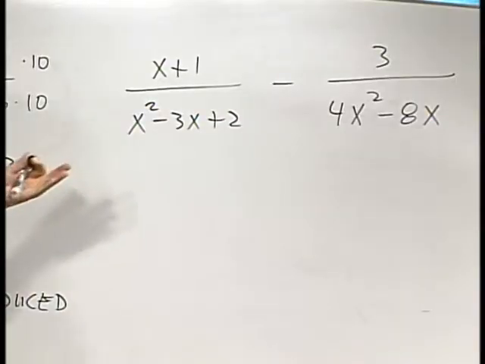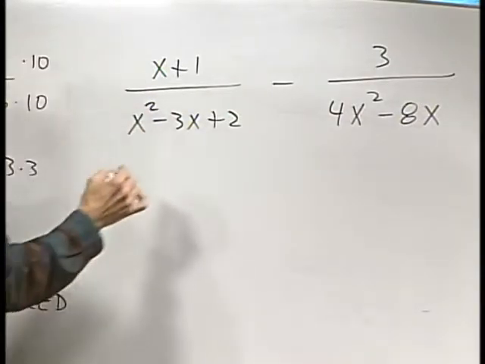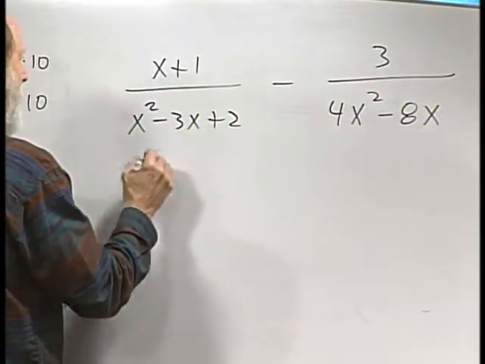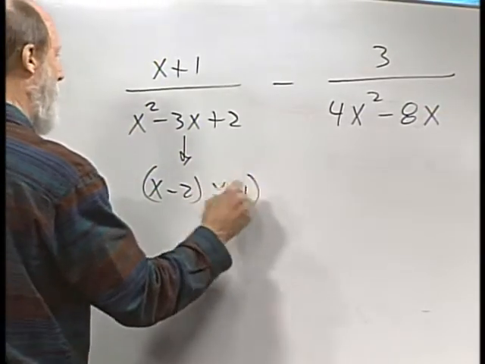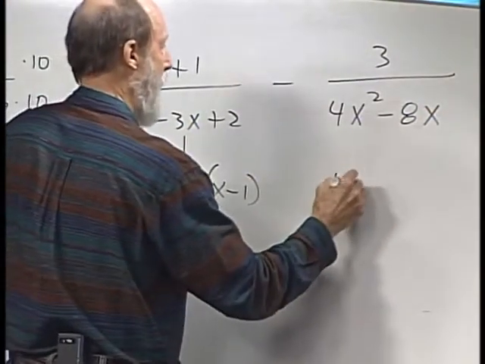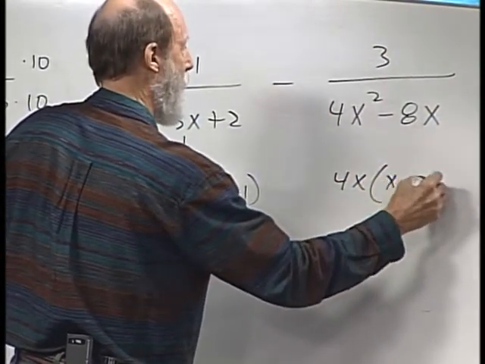Back in beginning algebra. Right, factor, okay. So we have right here, I'm seeing x minus 2 times x minus 1. Over here, I see a common 4x, and I'm left with an x minus 2.